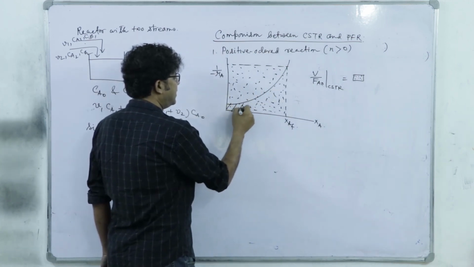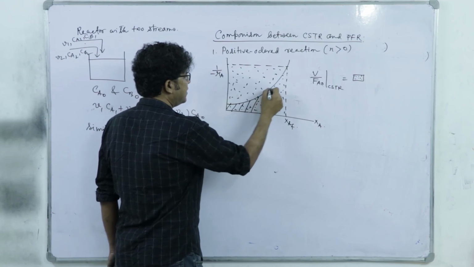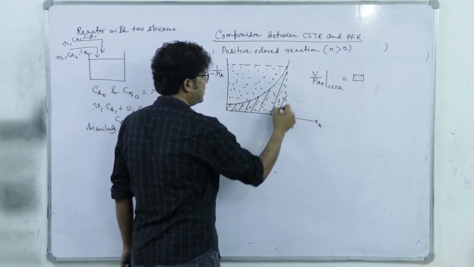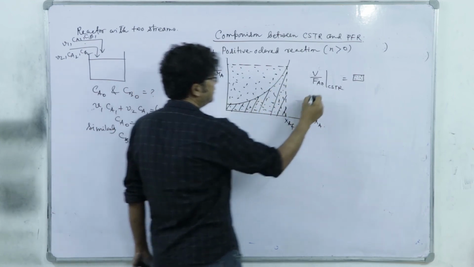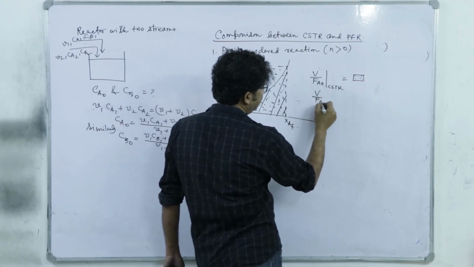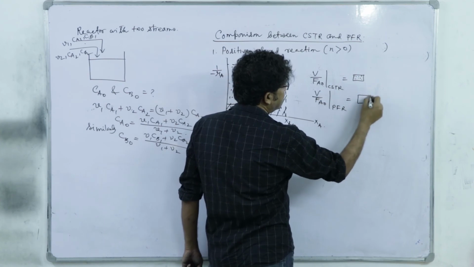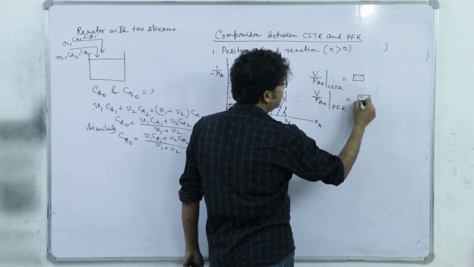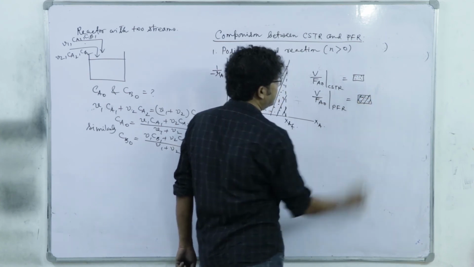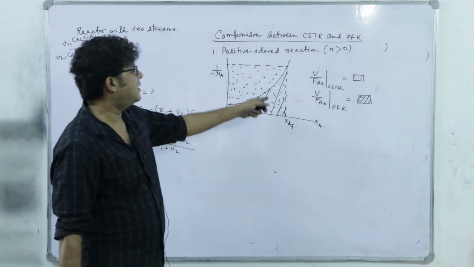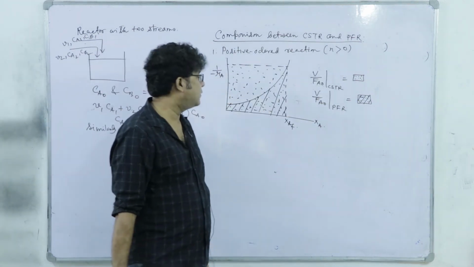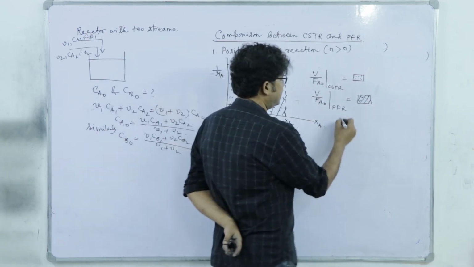and for PFR this will be the V by Fa0. So V by Fa0 PFR, this area. So you can easily understand that V of PFR is much lower than V of CSTR.